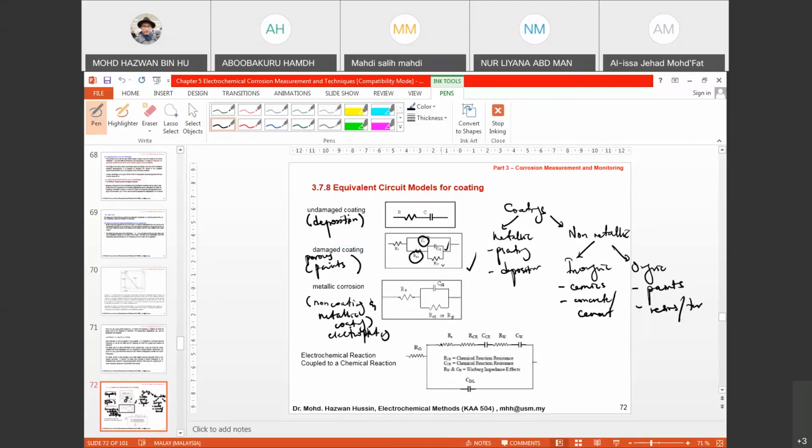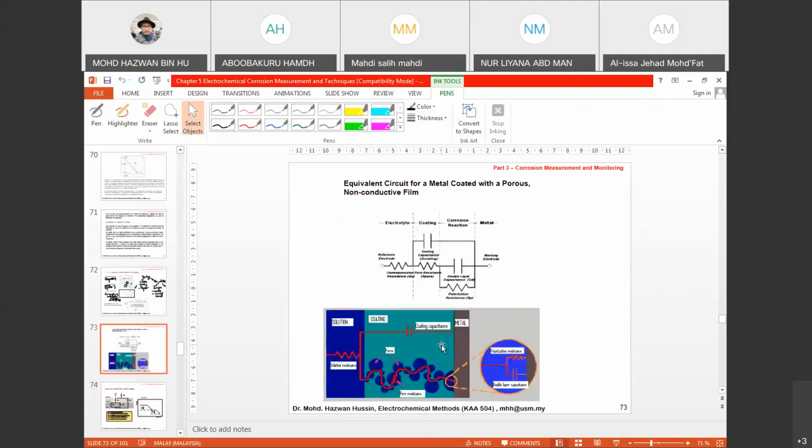So that is why you can also have resistance temperature.